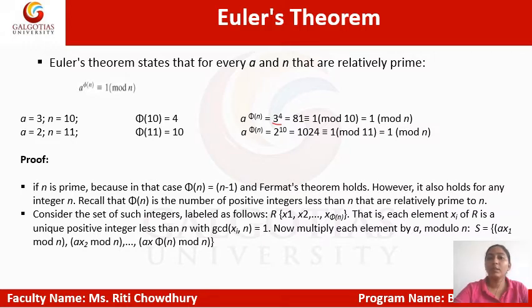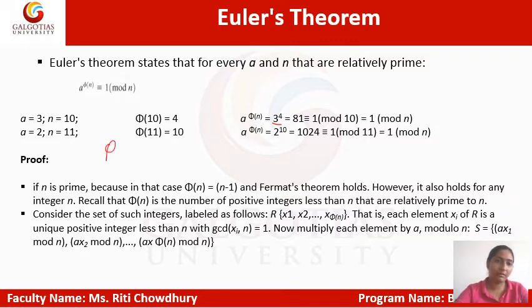So for 2 to the power 10, we can write it as 1024, and this can be written like this. Now if we have two numbers and want to find the Totient number of this, then we can directly multiply.